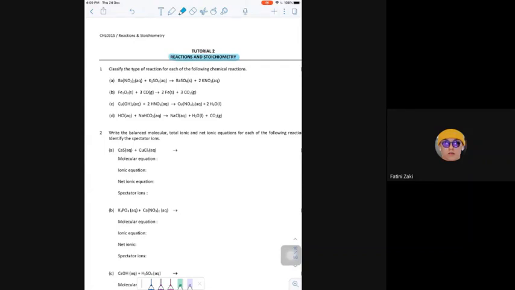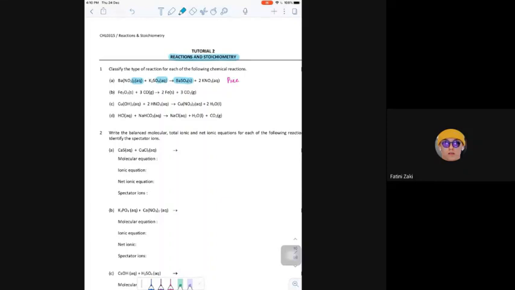As for the first reaction, obviously it produces barium sulfate, so the reaction is the precipitation reaction. It comes from aqueous solutions and produces a precipitate or solid substance, so it is precipitation.